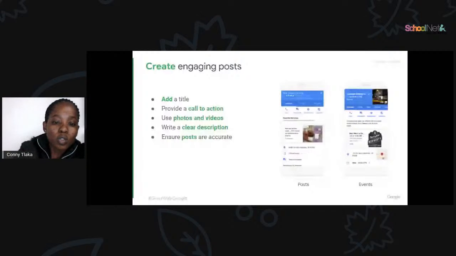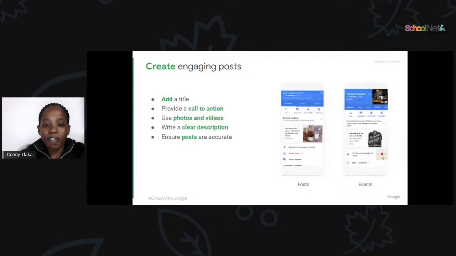You also need to use photos and videos. The photos should be simple, directly in focus, and bright, and they should have the maximum resolution, so people can see them even if they are far.